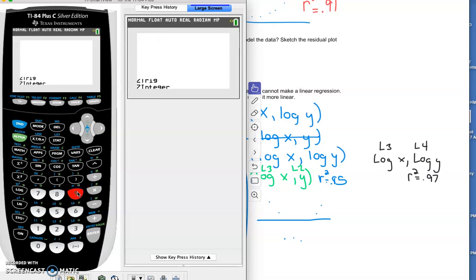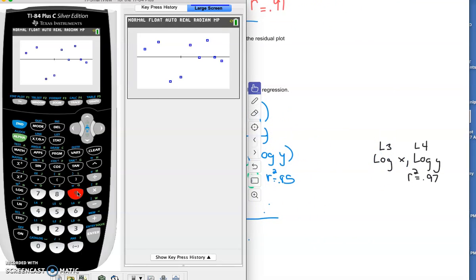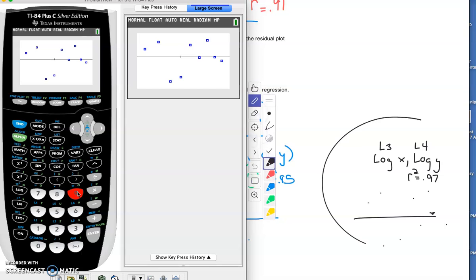So zoom 9, and that's looking pretty good. I see mostly random scatter here. Sometimes people might argue that they might see a little bit of a pattern. I'm not thinking that that's too bad. So this one here seems to be my best fit.